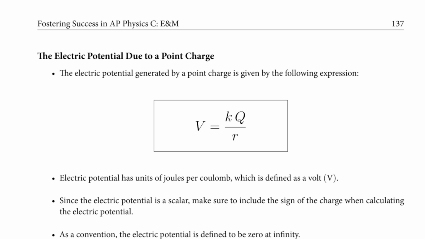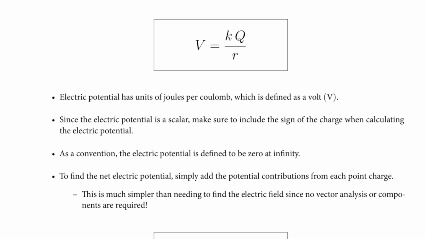Just like electric potential energy looked like Coulomb's law, except with an R instead of an R squared, electric potential looks like field, except with an R instead of an R squared. Each individual charge can generate a hill or a valley, so we just have one charge involved. And since it's an energy-related quantity, it has the R and not the R squared.